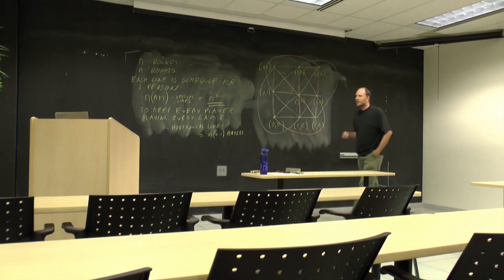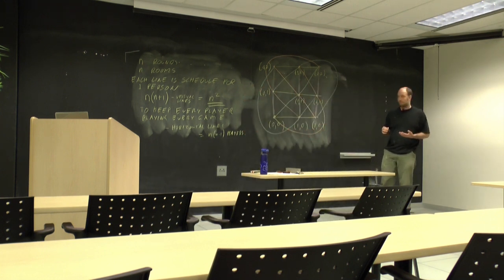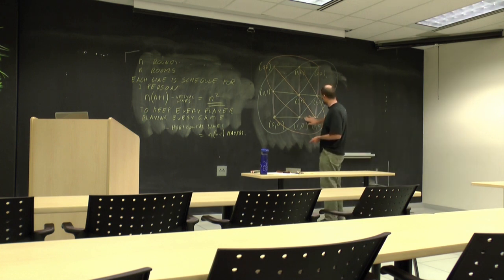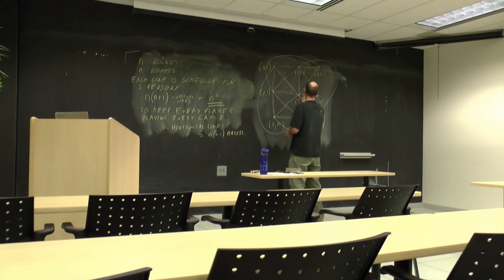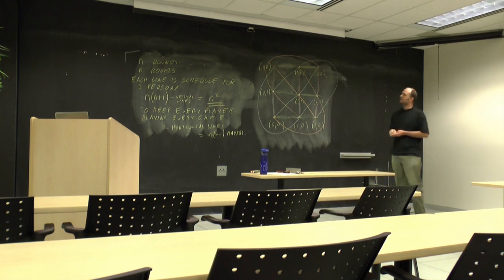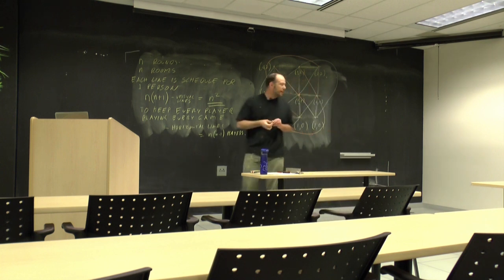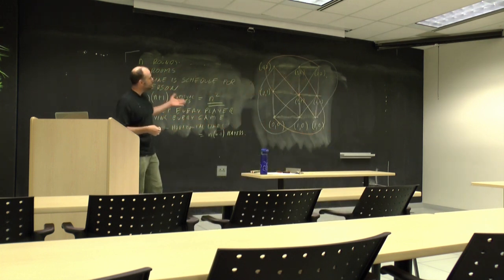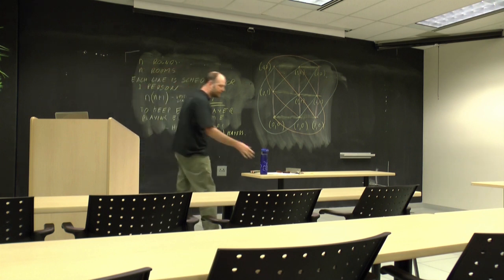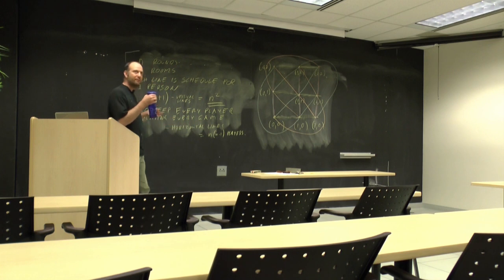And if we were satisfied with that solution, we'd be done. Because once I erase these yellow lines, I really do have n rounds, n rooms. I have too few people, but maybe some people dropped out at the last minute. And I have every person playing every single possible game.